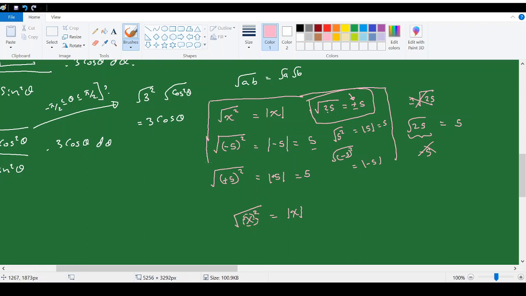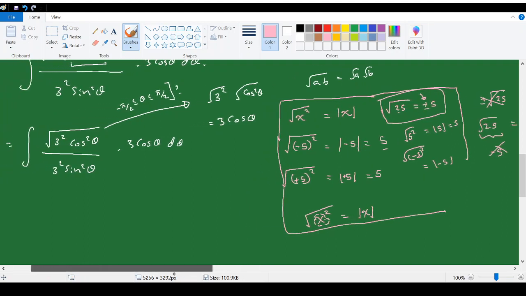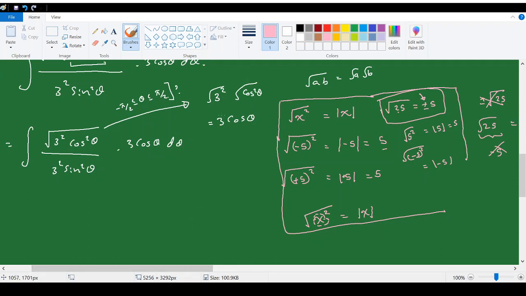According to that, our expression will also contain a modulus like this. You can even write it not as the square root but as a modulus, the modulus of 3 times the modulus of cosine theta.